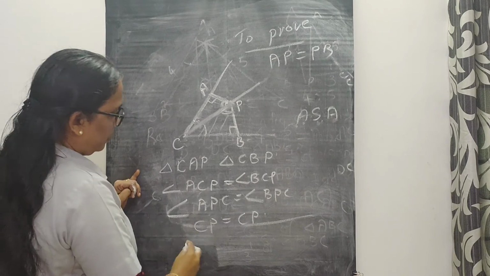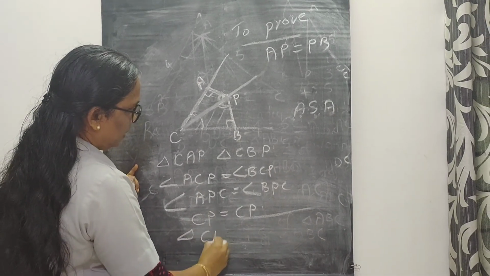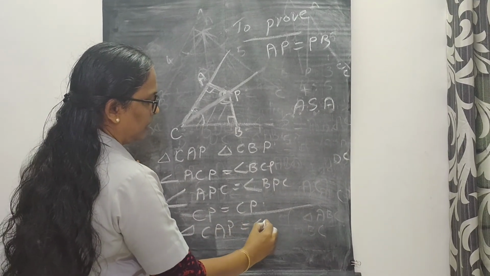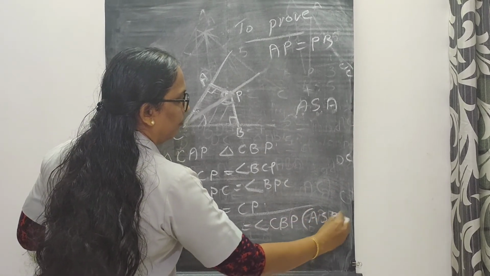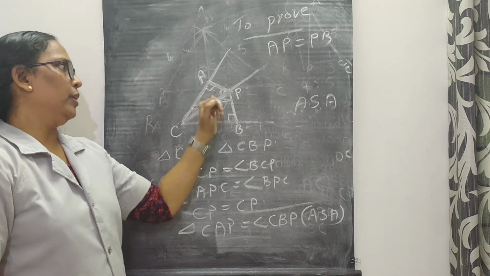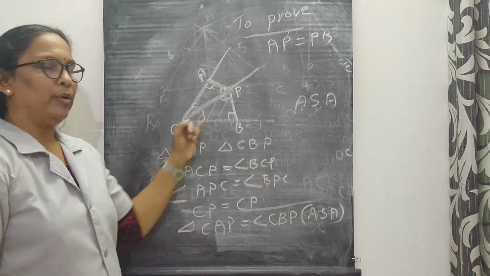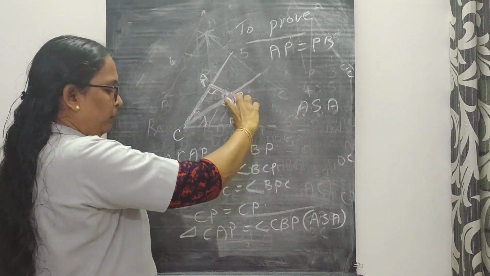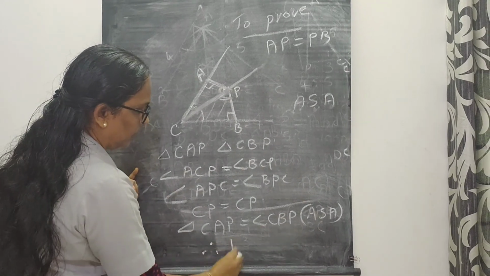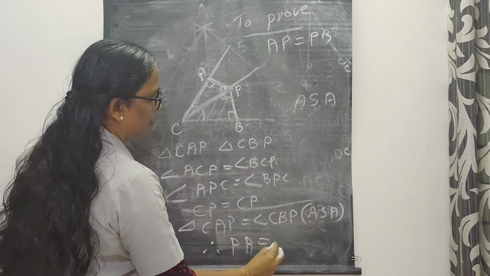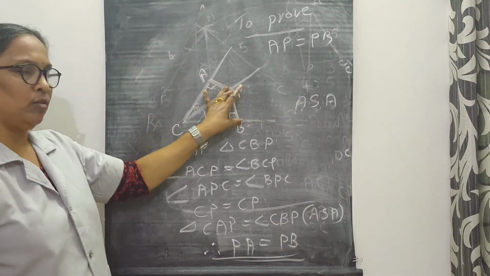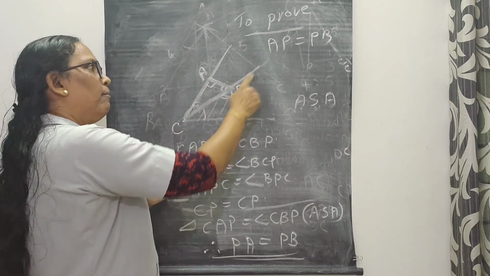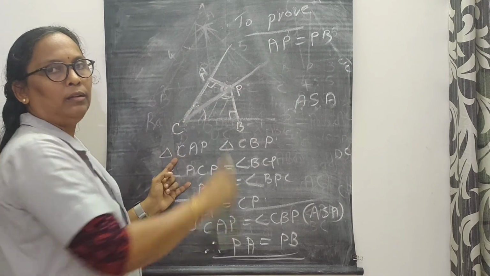So, using the ASA property we can say triangle CAP equal to triangle CBP. Since these two triangles are equal, the corresponding sides PA equal to PB. Therefore, the length of PA equals the length of PB. That is, the perpendicular distances are equal if it is a bisector of the angle.